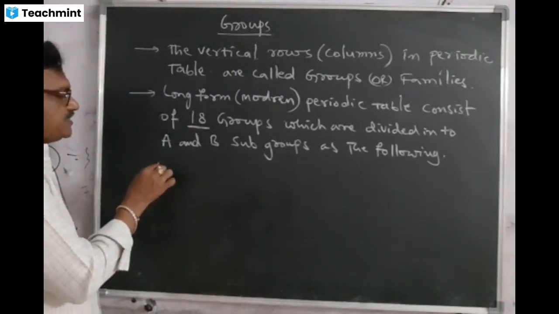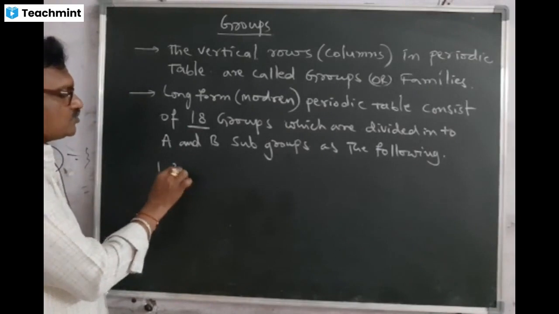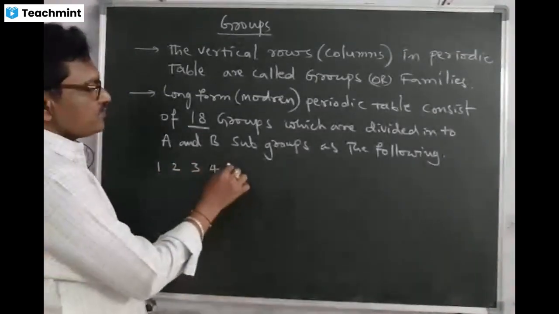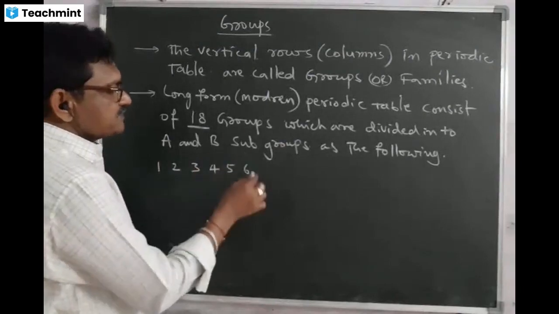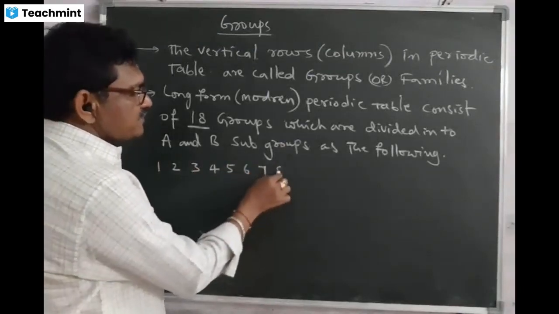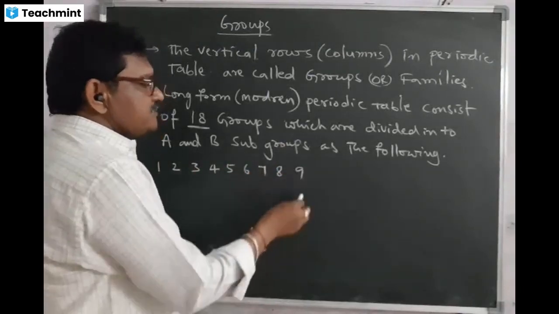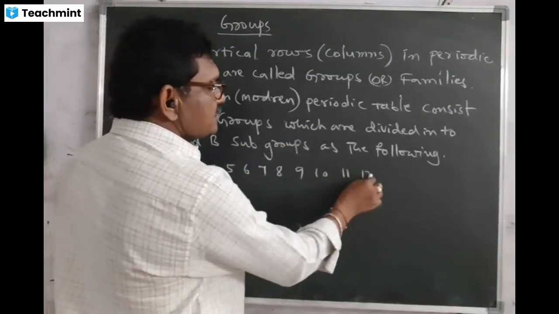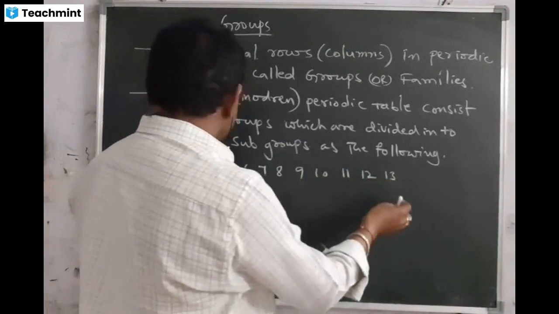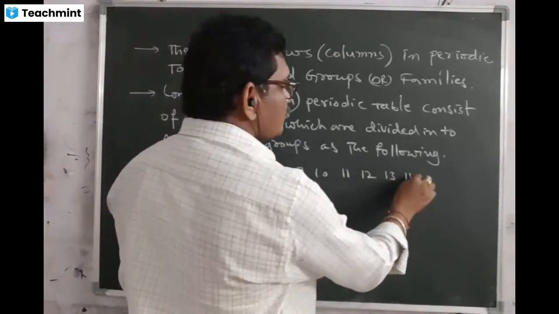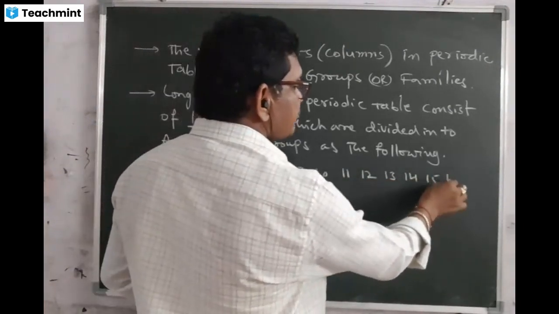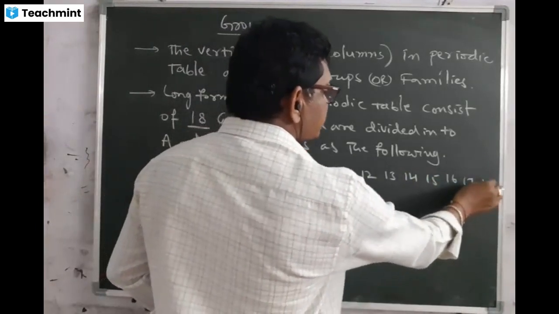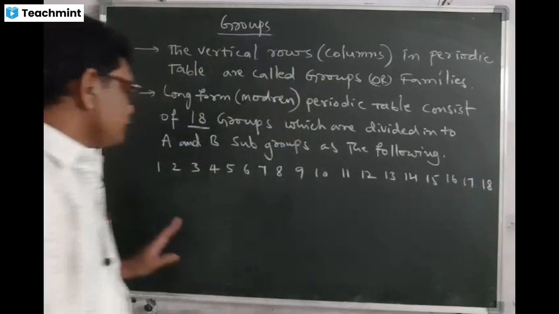See, I write here 18 groups: 1, 2, 3, 4, 5, 6, 7, 8, 9, 10, 11, 12, 13, 14, 15, 16, then 17, the last one is 18.